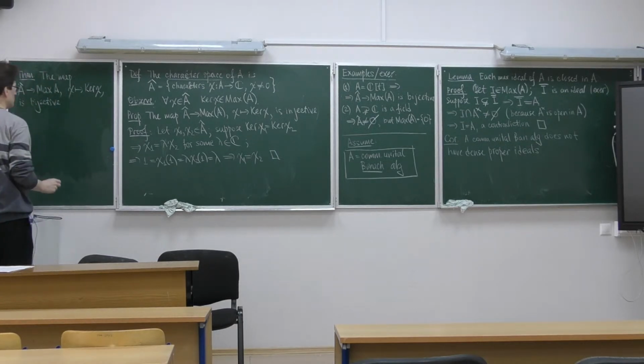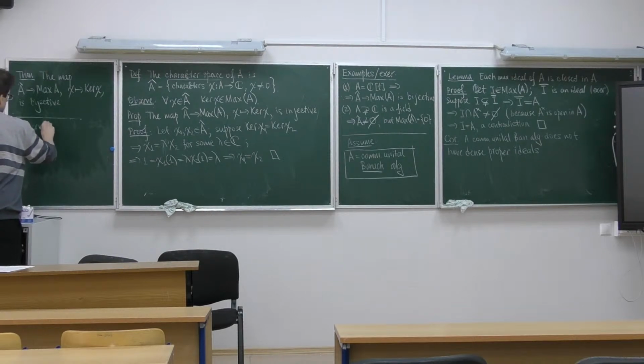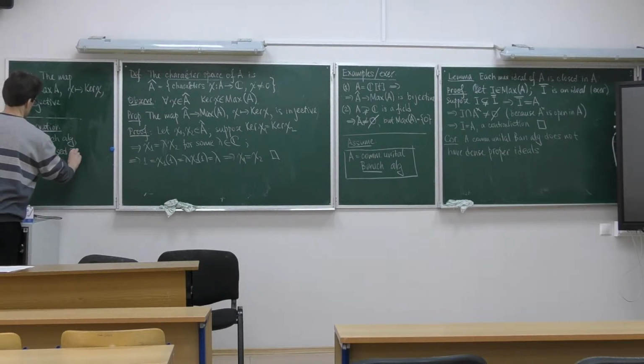Before we do it, let's make a little observation. Suppose that A is a Banach algebra, not necessarily unital, not necessarily commutative, and suppose that I is a closed two-sided ideal.